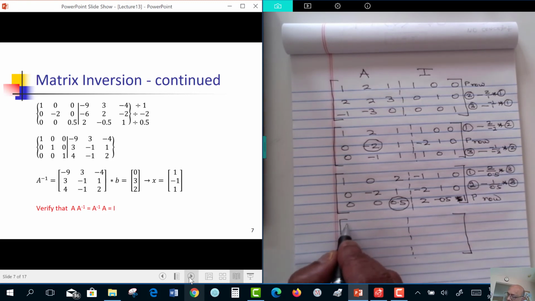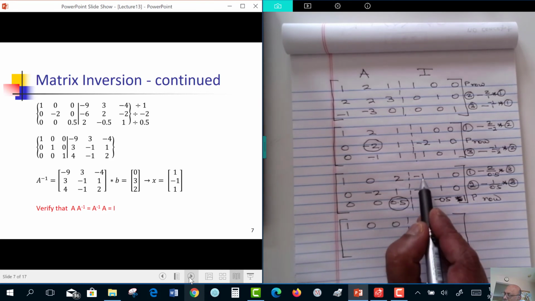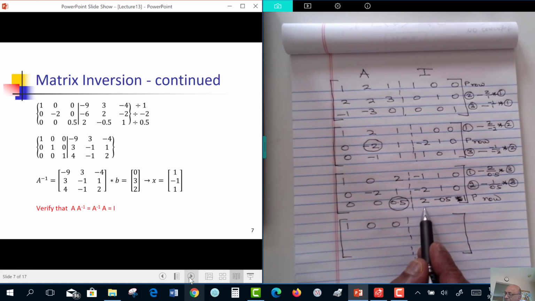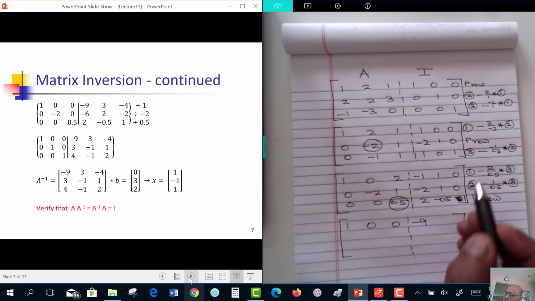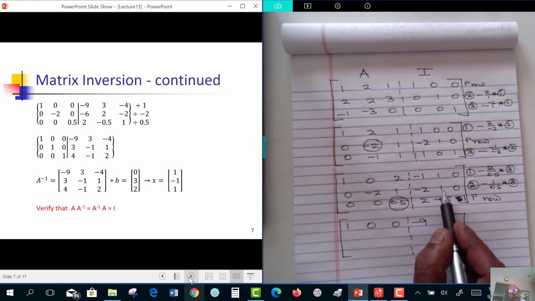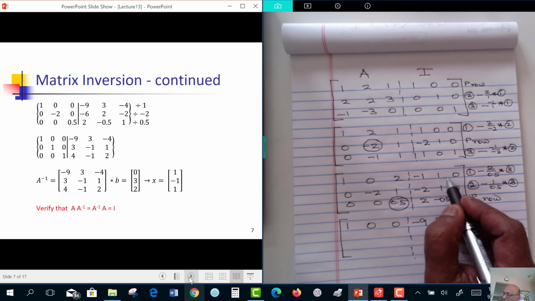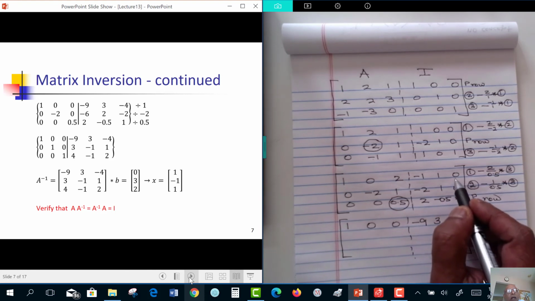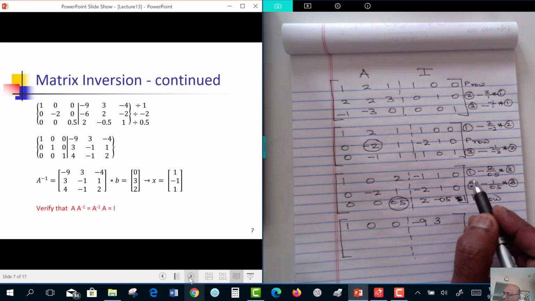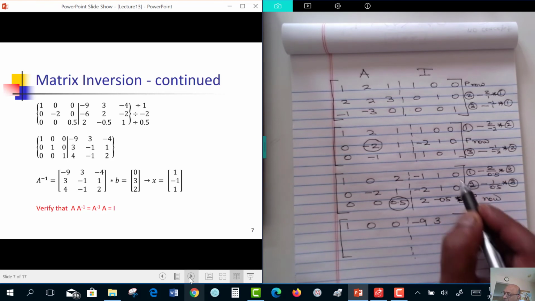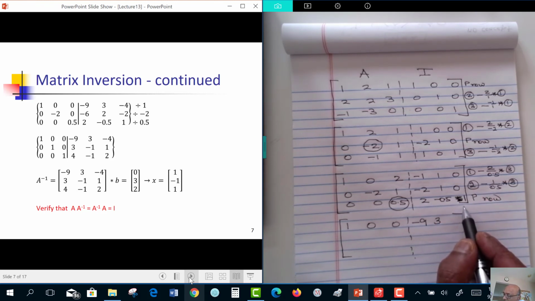So we are subtracting 4 times the third row from first row. So we are going to get 1, 0, 0, minus 1, minus 4 times 2, minus 9, 1 minus 4 times 1, and then we will have 0 minus 4 times 1.